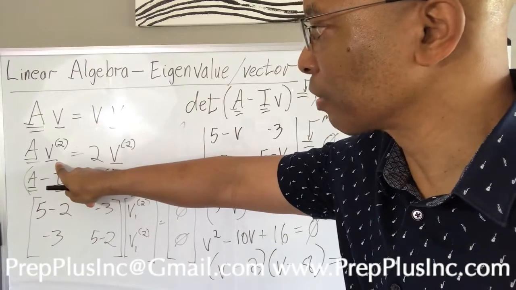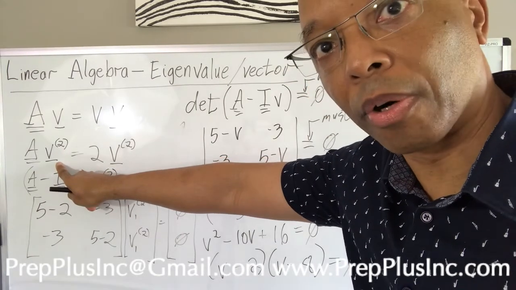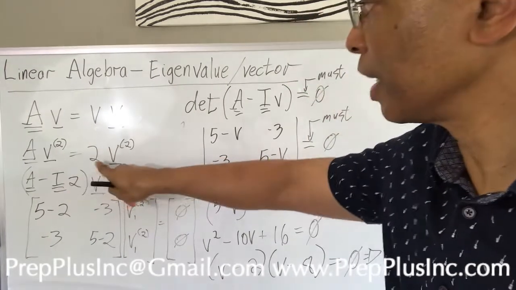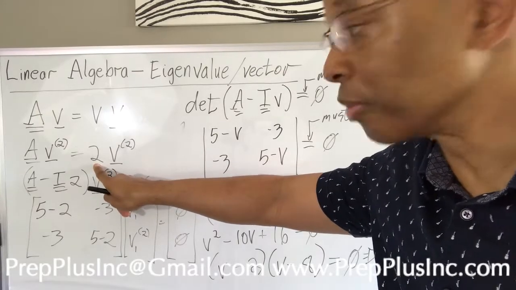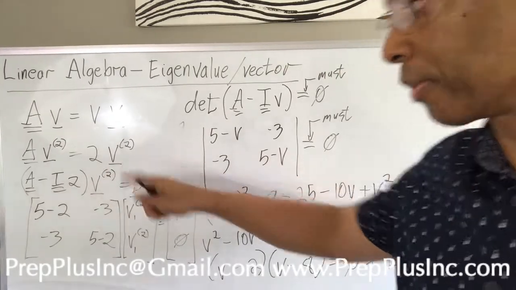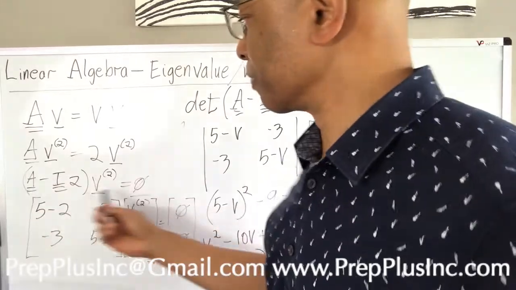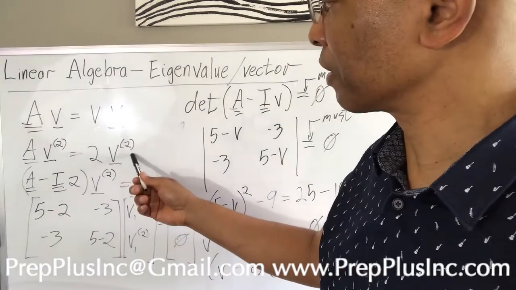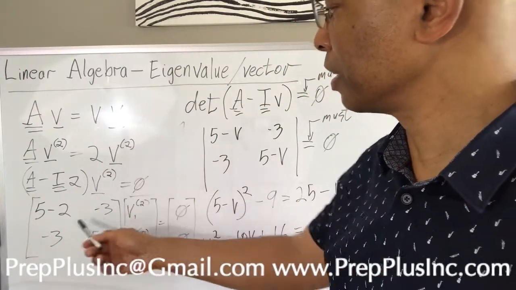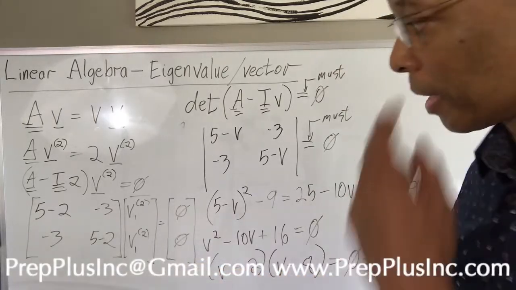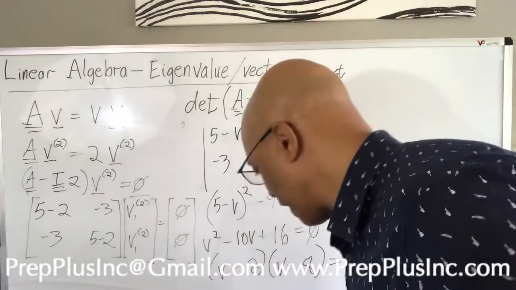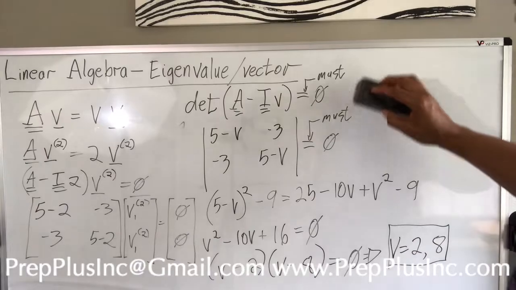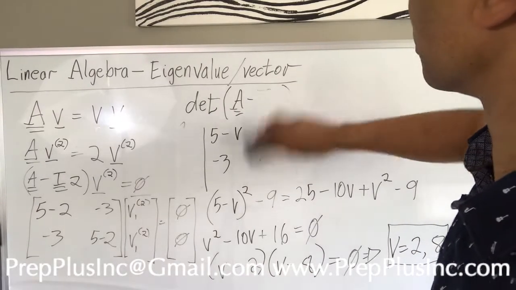A times the eigenvector for eigenvalue 2 equals the eigenvalue, which is 2, times that eigenvector. So we've just subtracted this from both sides of this equation, written this out here.